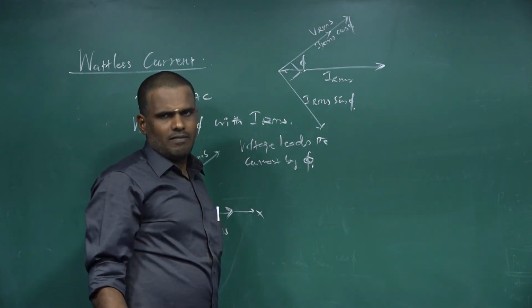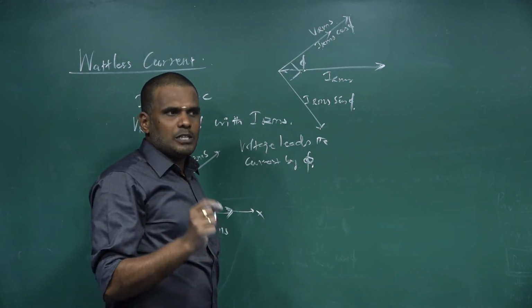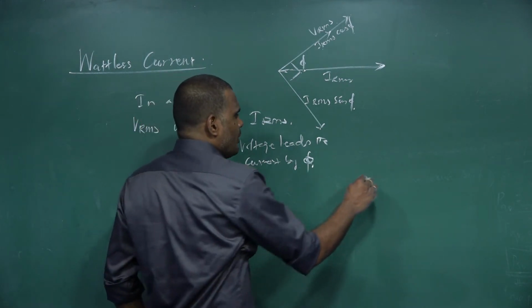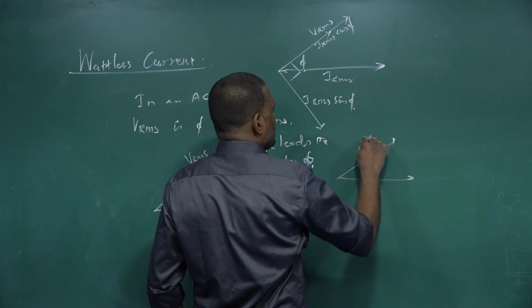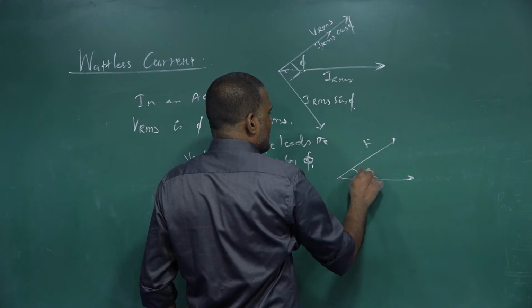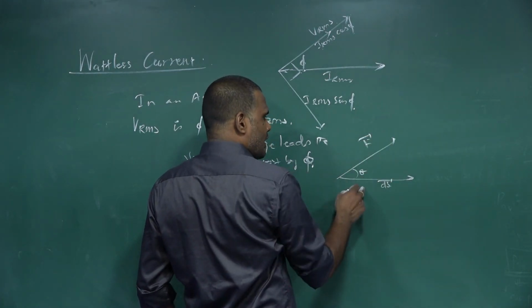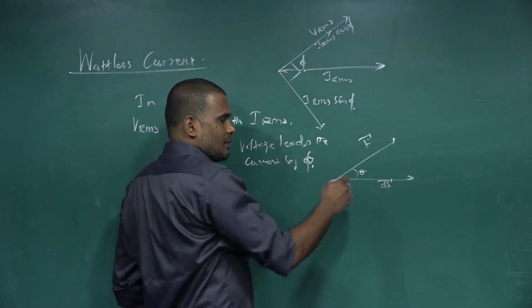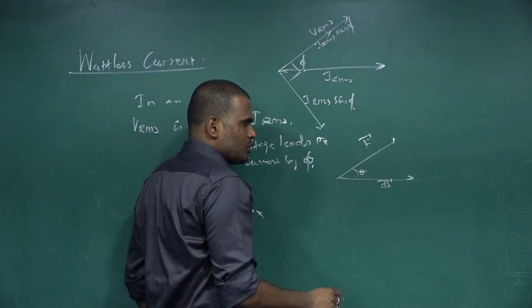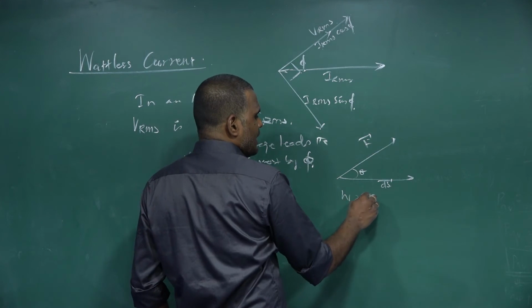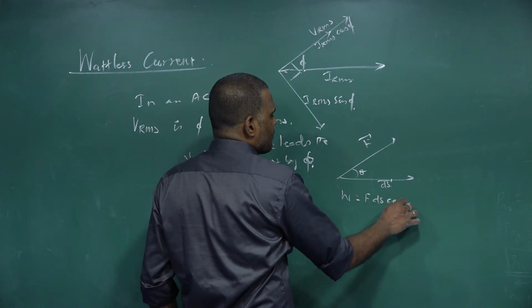Now, you can have a simple idea here. While speaking about work done, we might have discussed a force F acting by making some angle theta with the displacement ds. The F vector is acting along one direction, displacement is acting along some other direction. The angle between the two is theta, and the amount of work done can be calculated as F ds cos theta.